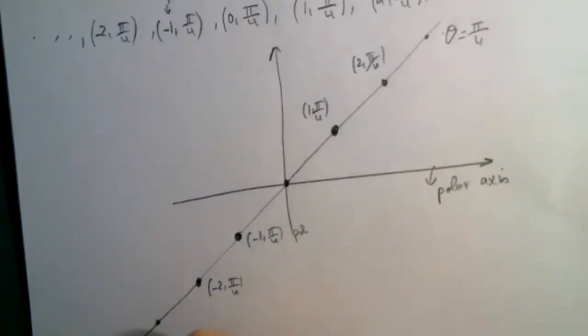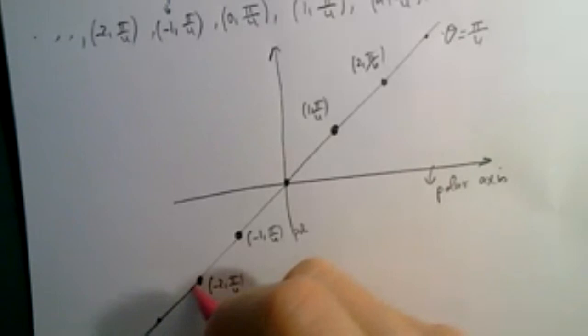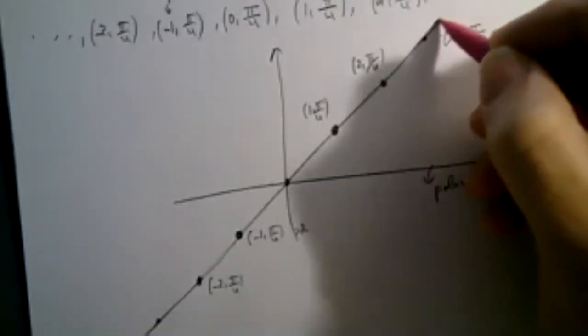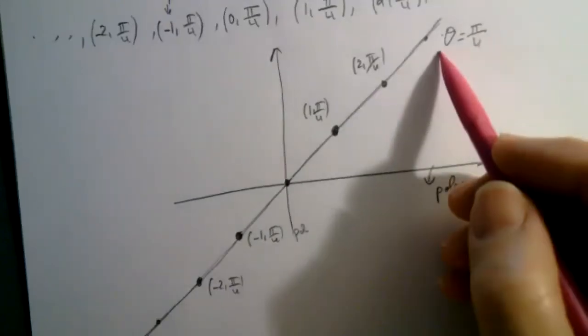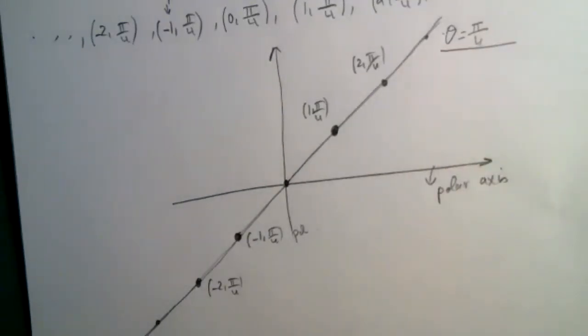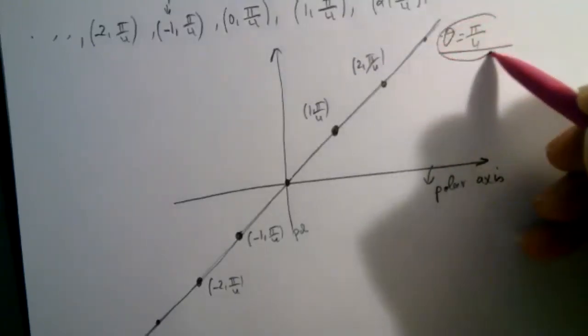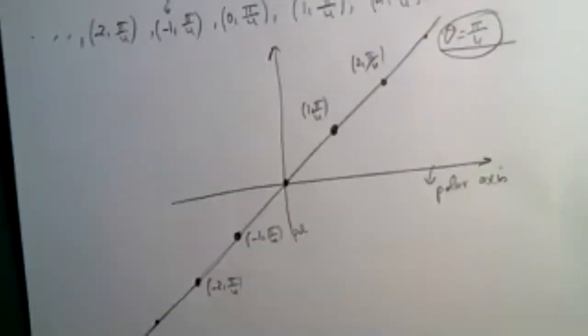So for me now, the equation of this line, that's the important thing, the equation of this line in polar coordinates is theta equal pi over 4. That's the equation of this line in polar coordinates. In Cartesian coordinates, it's different. But in polar coordinates, the equation of this line is theta equal pi over 4.